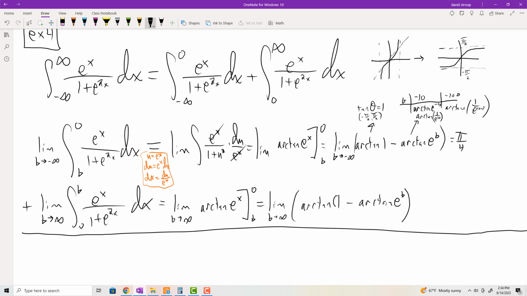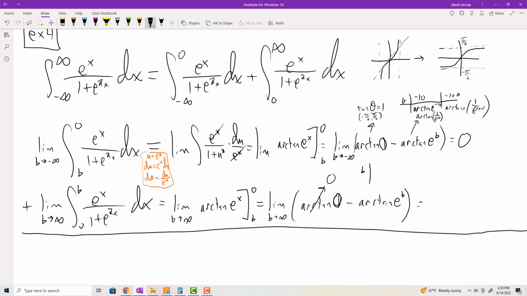Right, so it's kind of the same thing. Arctan, well, the first one's arctan of 0, sorry. So arctan of 0 is just 0. So the first one is going to be 0. That's just a constant. And then this one is maybe the troublemaker.